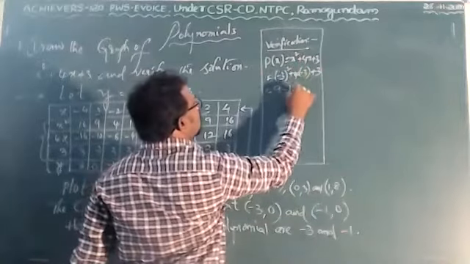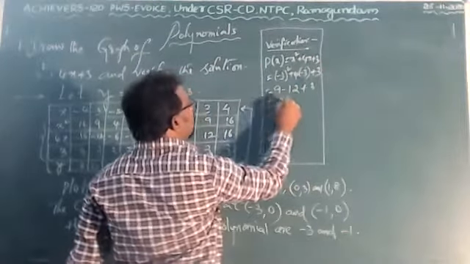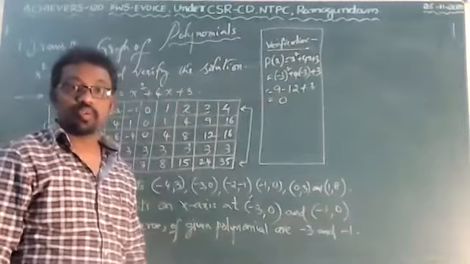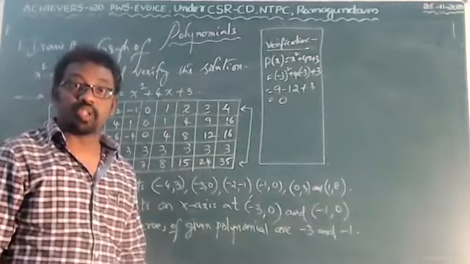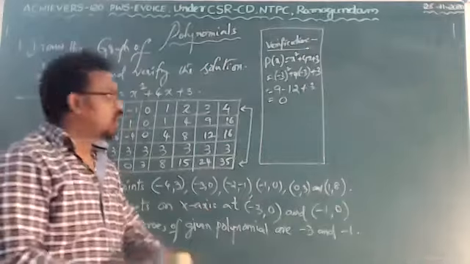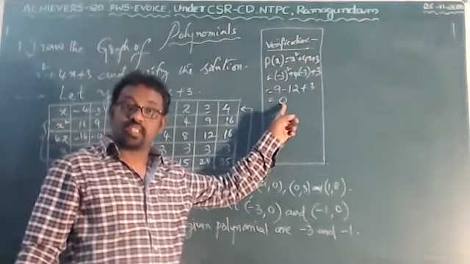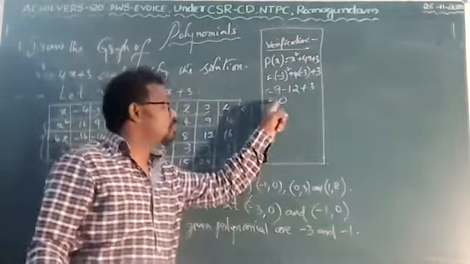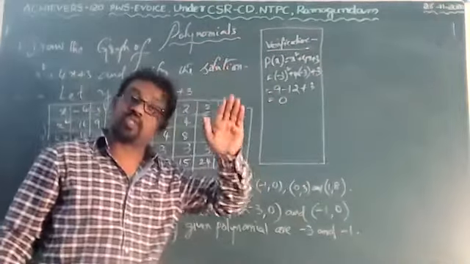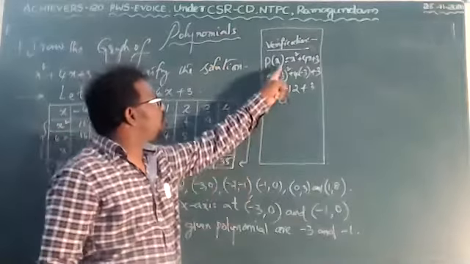Plus into minus is minus 12, plus 3. 9 plus 3 is 12. 12 minus 12, you got 0. If you get 0, then only it is called a zero of the polynomial. Children, if the result comes 0, then for this question the zero will be -3.